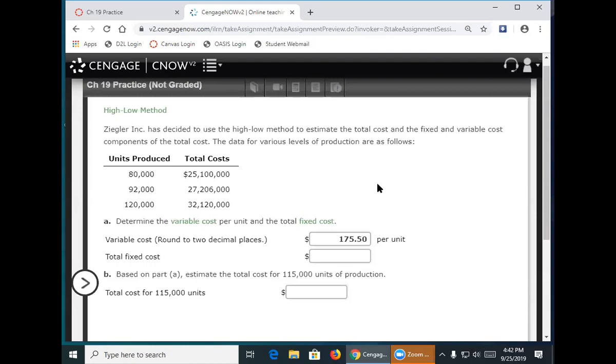I'm going to put what I know. My total cost is 25,100,000. I want to solve for fixed costs, so I'm going to put an F for fixed costs, or FC, plus what I just solved for, my variable cost per unit, $175.50, times 80,000 units.